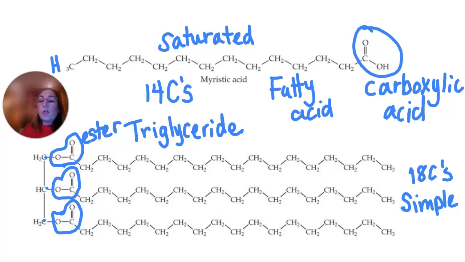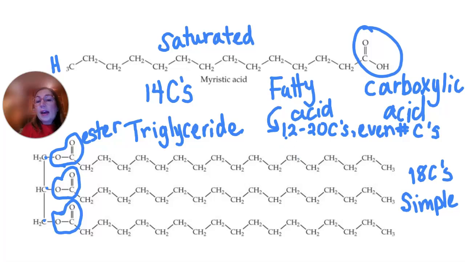So what do we need to know about fatty acids? Well, these are long chains of about 12 to 20 carbons. Like I said, they're always even numbers of carbons. They have this long carbon portion that is really hydrophobic, water fearing, so it's not going to be water soluble. They do also have a hydrophilic end.